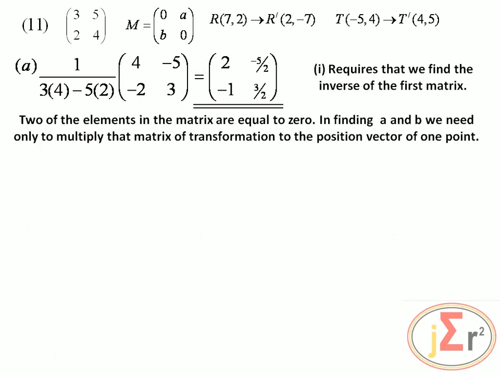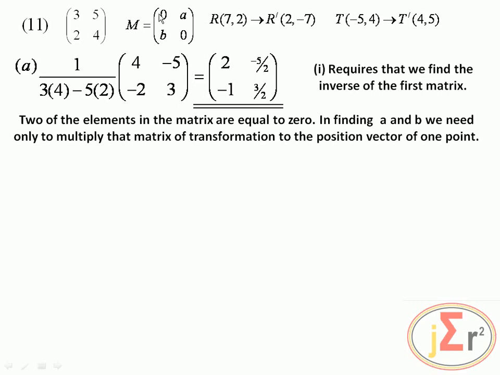Two of the elements in the matrix are equal to 0. That is this one. In finding a and b, that is what is required of us, we need only to multiply that matrix of transformation by the position vector of 1 point.